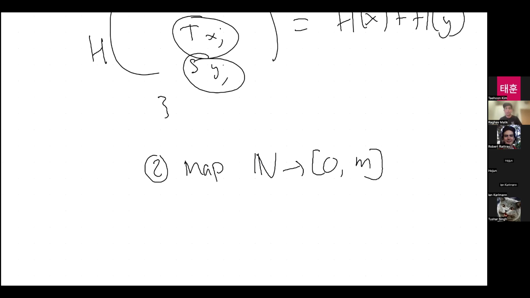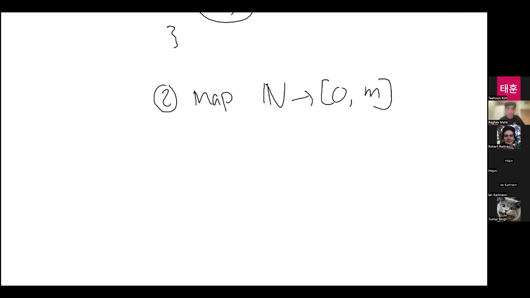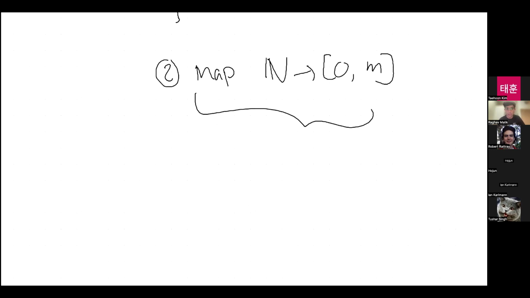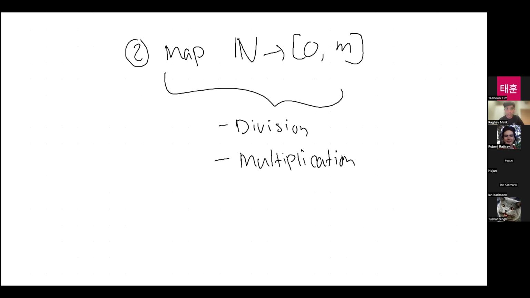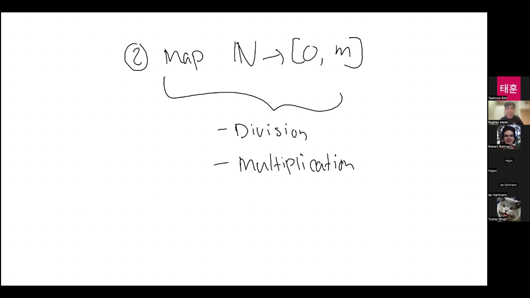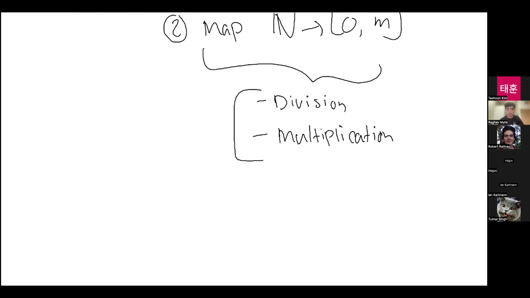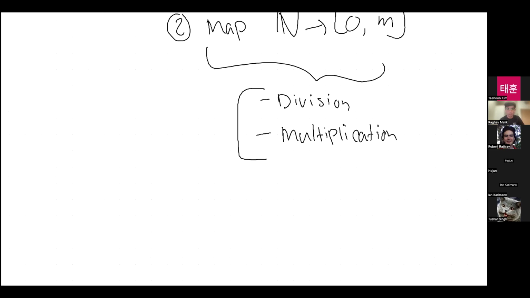In particular, for this part, we're going to look at two different techniques: division and multiplication. There are other things that you can use, but a lot of times there'll just be some sort of composition of these two. This turns out to be pretty straightforward, actually.